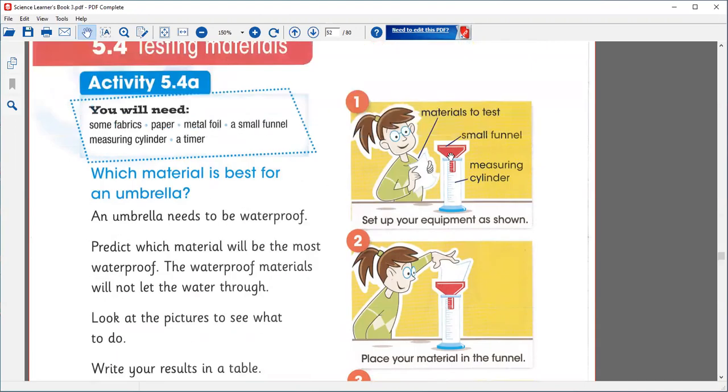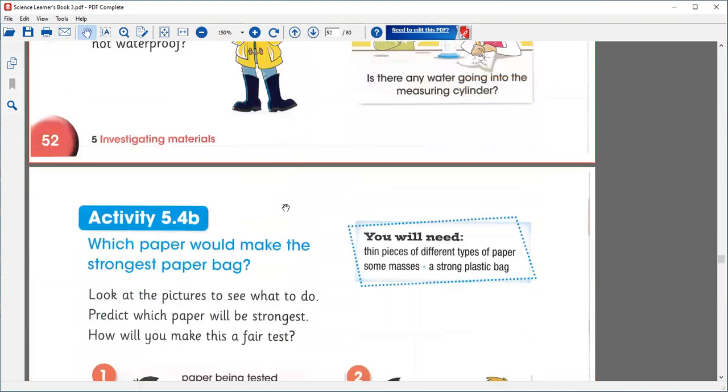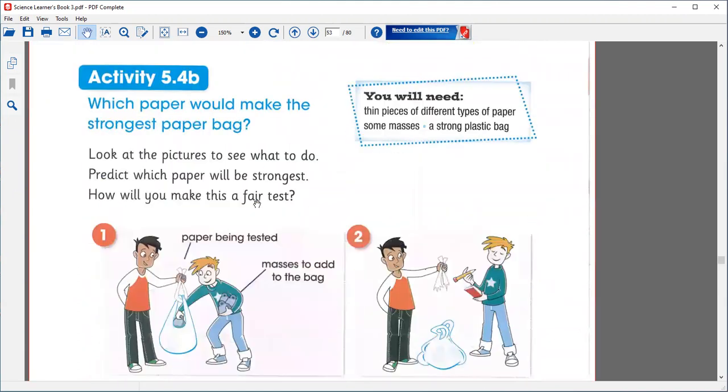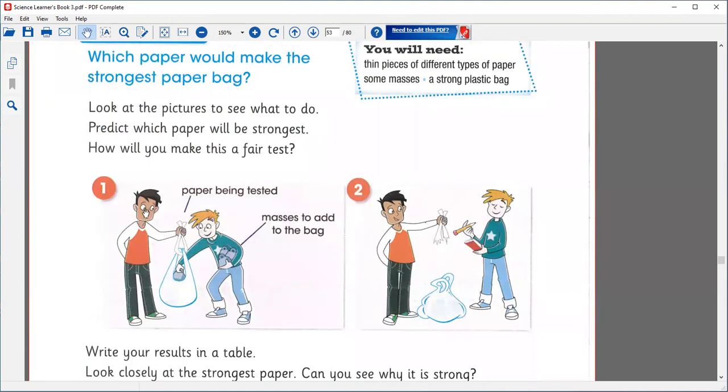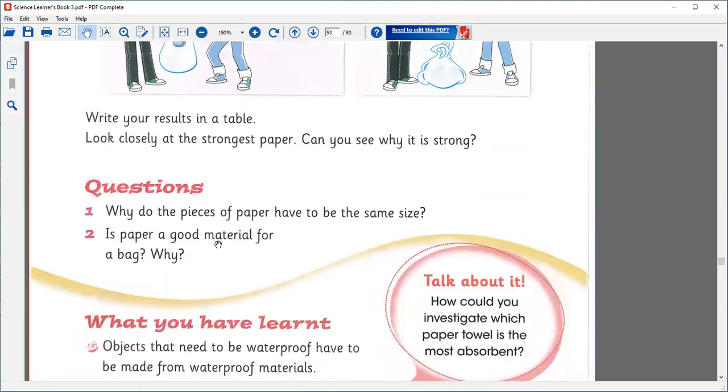We are using paper, plastic, metal, as many things as we can, to make the experiment. And the second one, we are using different paper to check if it is strong when we put a heavy load on it. We are already done until here. Today, inshallah, we solve the exercise.